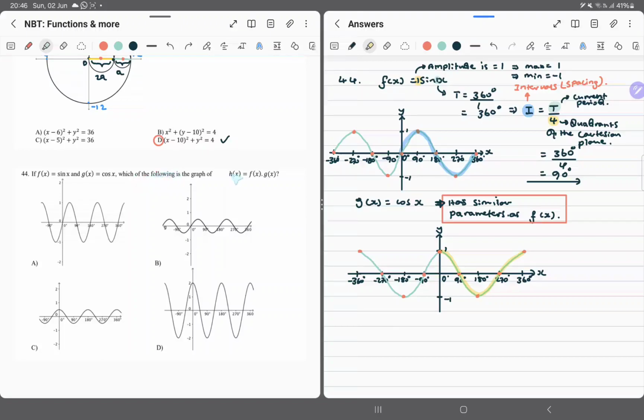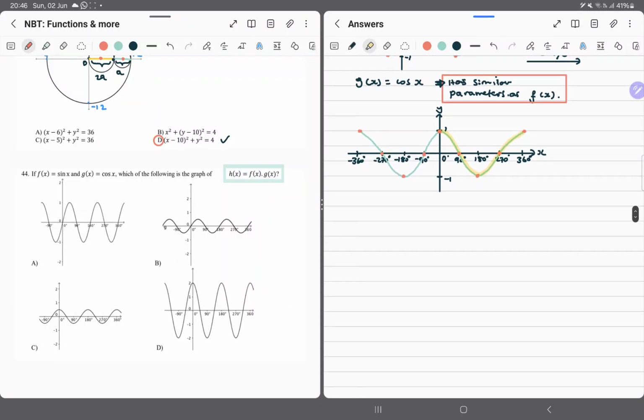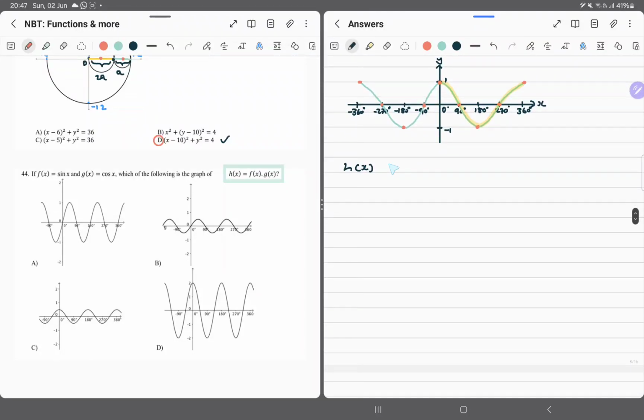Now the question comes and says, which of the following is the graph of f of x multiplied by g of x? Now, what on earth is that? Okay, guys, let's look at this now. h of x is going to be f of x times g of x.